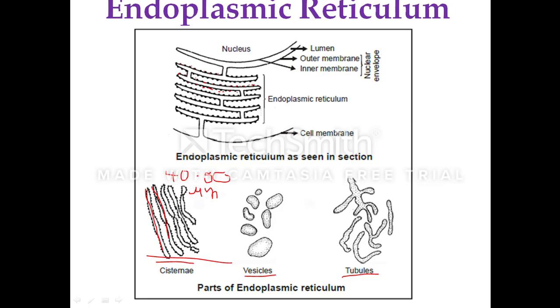Next, coming to the vesicles. Vesicles are oval, membrane-bound vacuolar structures having a diameter of 25 to 500 micrometer, bigger than that of the cisternae.